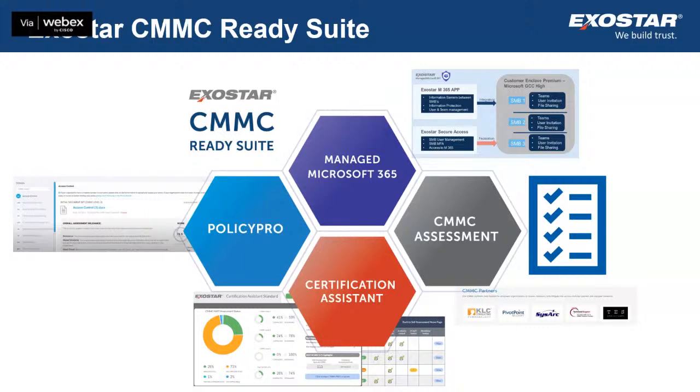If during your journey you decide you need a better way to store and process controlled unclassified information, and you no longer want to keep it on site, you want to move it to a cloud service, Exostar offers its managed Microsoft 365 solution. This is a managed enclave up in GCC High, which provides you a Teams interface to store and process that controlled unclassified information that you may either receive or both receive and process as part of your fulfillment of a contract.